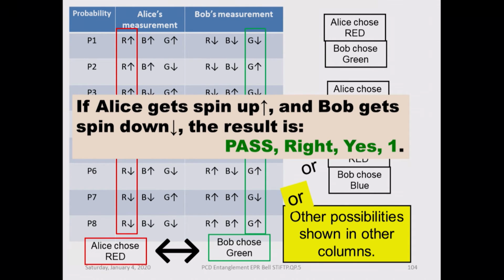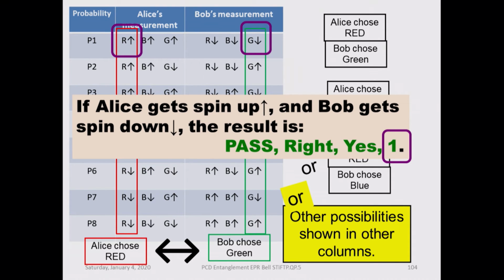Okay. So, notice that if Alice gets spin up and Bob gets spin down, the result is pass, and this is what is pointed out in the first row. Alice has used red, she gets up, Bob has used green, he gets down, right, and therefore, the result is pass, and I will indicate that by the number 1.